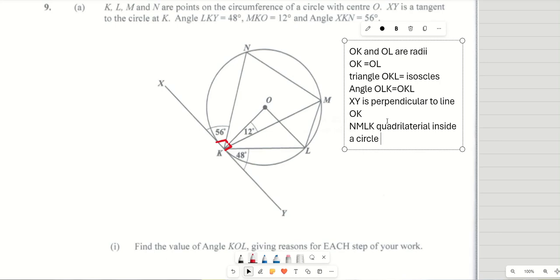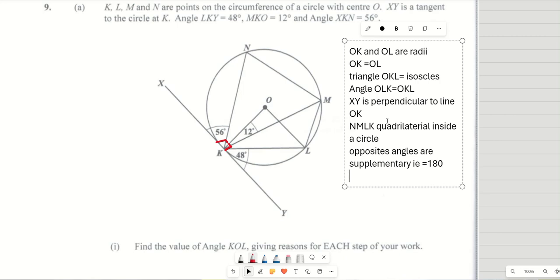Now, quadrilaterals inside a circle, one of the rules is that opposite angles are supplementary, i.e. equal to 180.